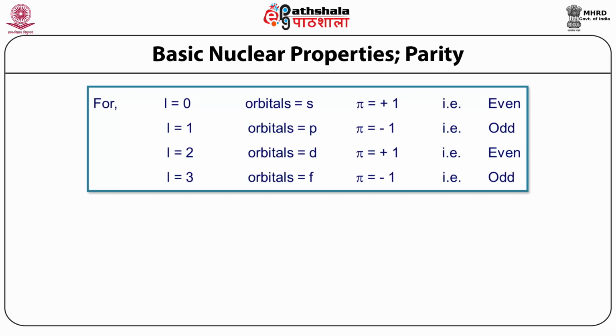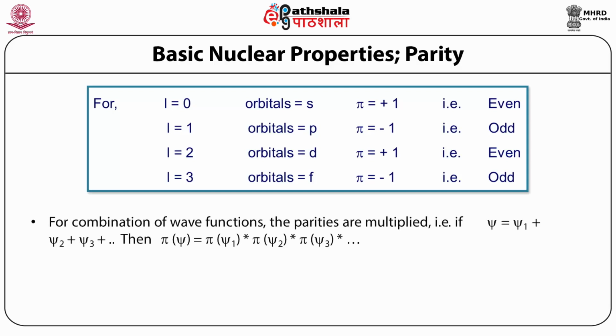Now if a nucleon is in p orbital, then L is equal to 1, so parity is equal to -1, that is parity is odd. Similarly, if the odd nucleon inside the nucleus is in orbital d, for which L is equal to 2, parity is even. And if the nucleon is in orbital f, for which L is equal to 3, we have pi is equal to -1, that is odd parity.